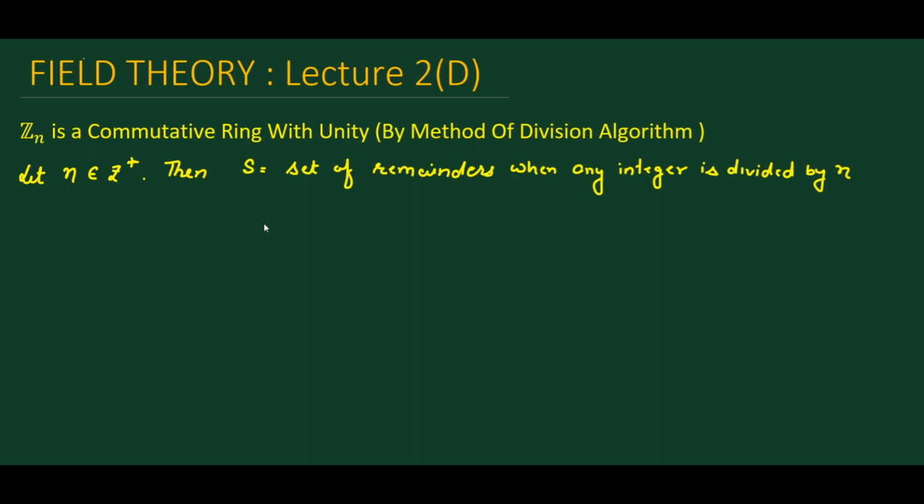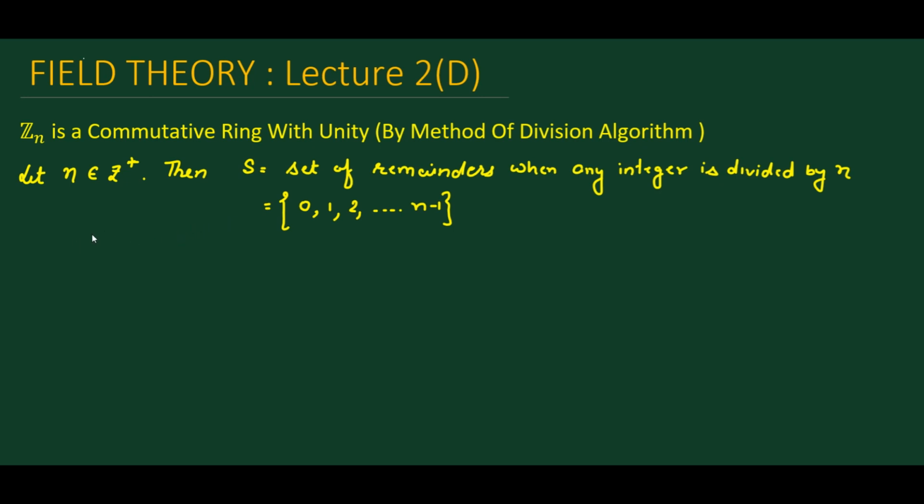Everyone is very familiar that when an integer is divided by a fixed integer n, it may give the remainder 0, 1, 2 up to n minus 1. So this is the set of remainders of a positive integer.